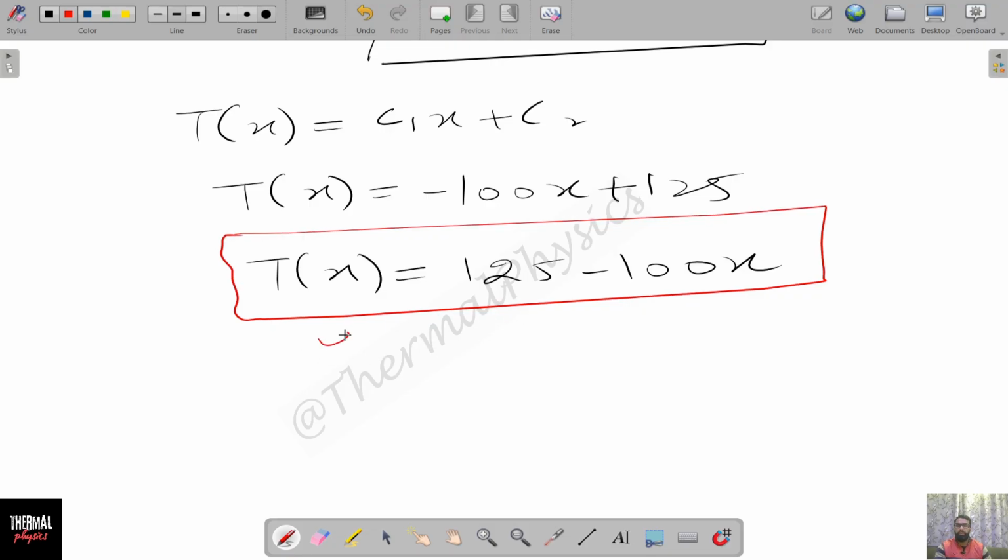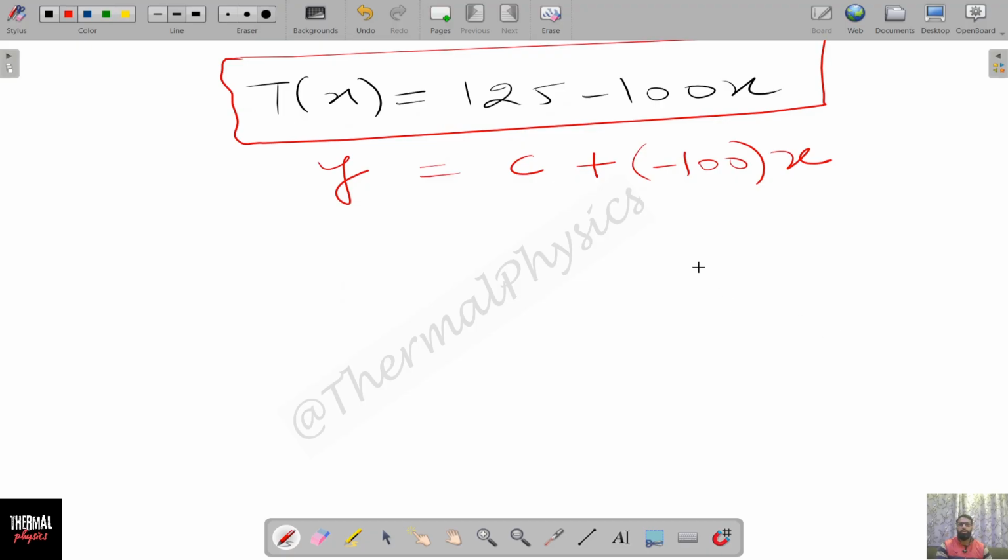So we can see, if we take this as Y, this is C, and minus 100 is our M, and this is X. So Y is equal to mx plus C. So if this is X, this is our temperature that depends on X. Our slope is negative, so it is a straight line, but not this way, rather it will be this way, because slope is negative.